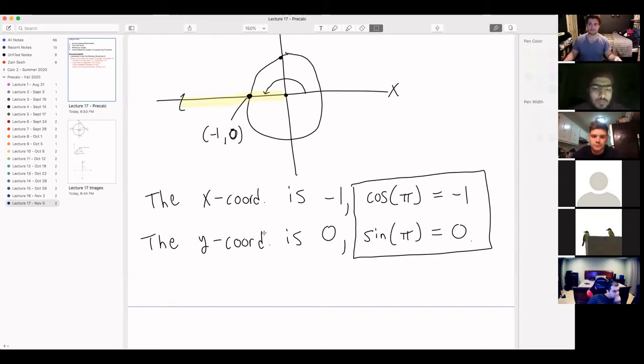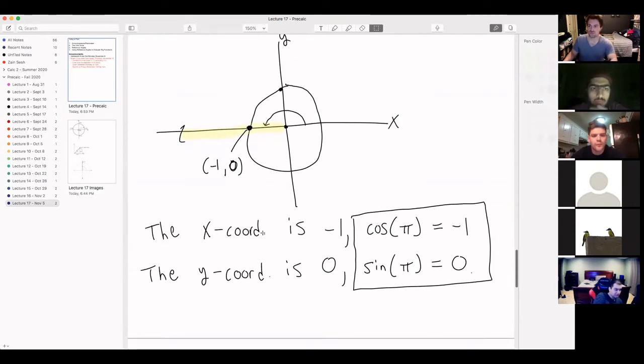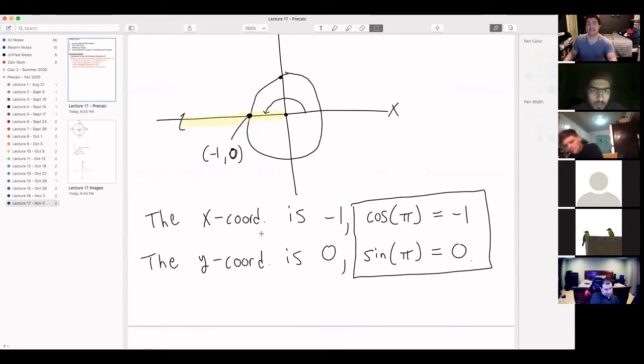Could this happen with a 20 degree angle or something? Yes, so 20 degrees, this would work, absolutely. However, I don't know what coordinate on the unit circle 20 degrees will intercept.